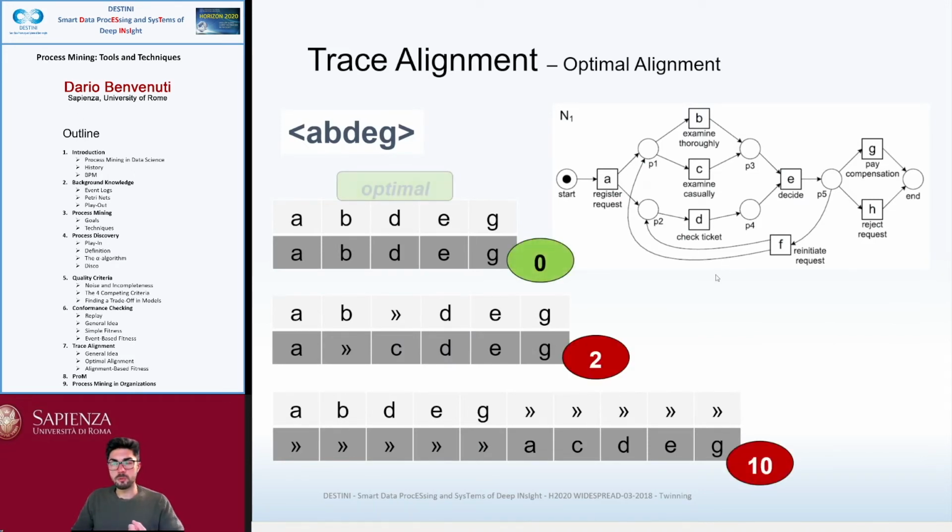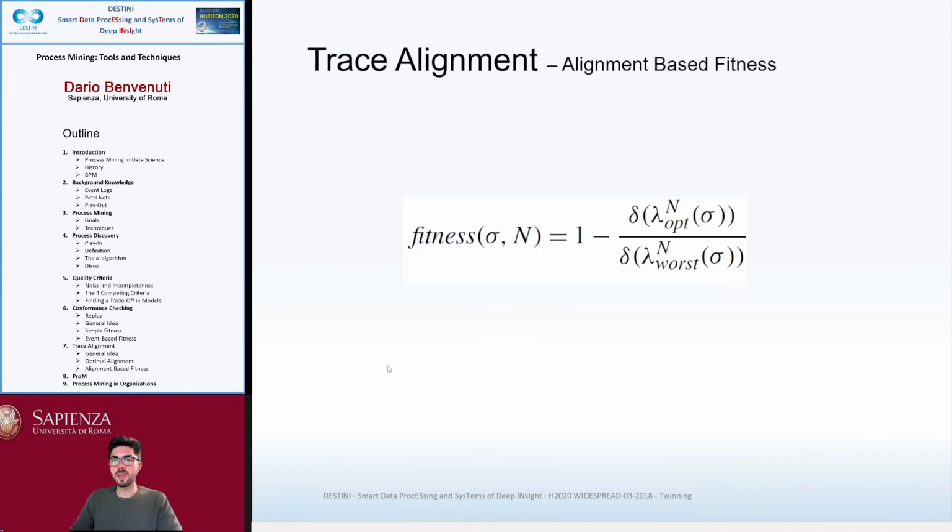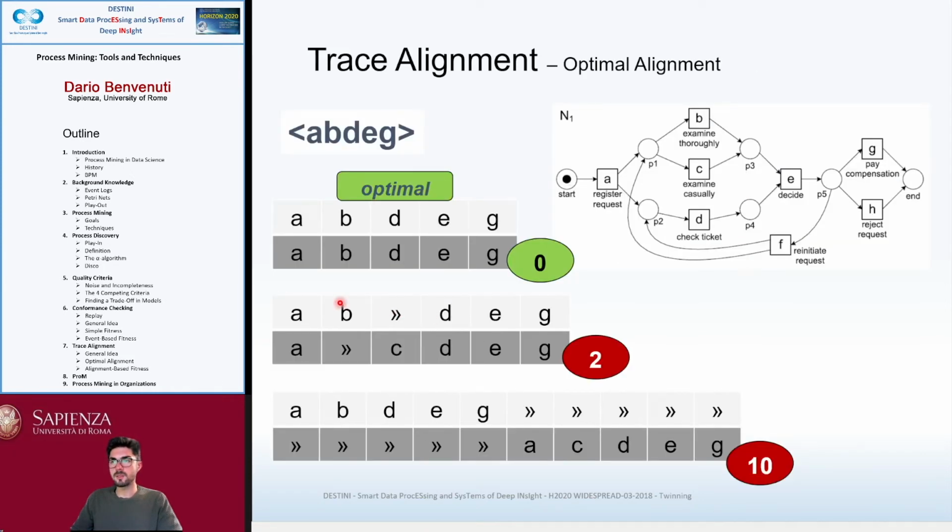And so if we look back at the examples that we saw before, the worst case alignment had a cost of 10, since we have 5 moves in the log only and 5 moves in the model only. The middle case had 2 deviations, so a cost of 2, and the optimal one, which was the perfect one in particular, had the cost of 0, since each move is both in the model and in the log.